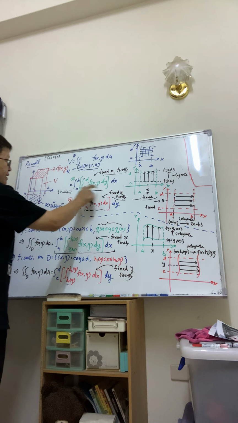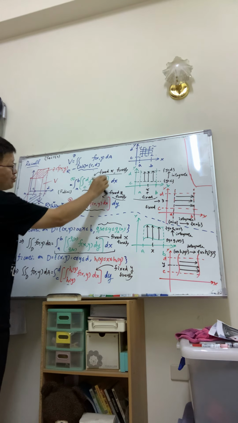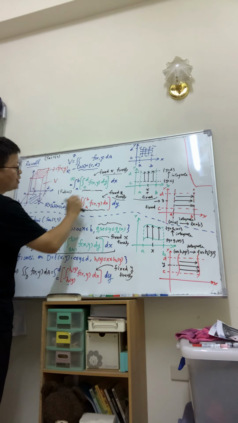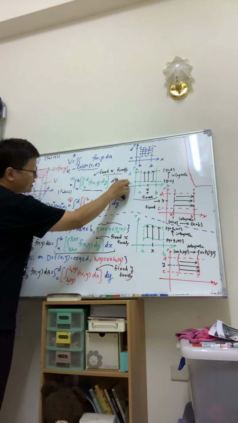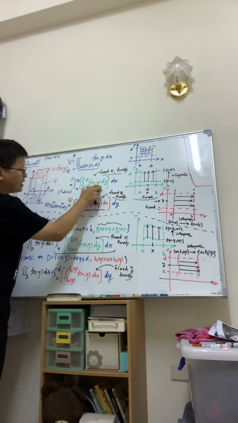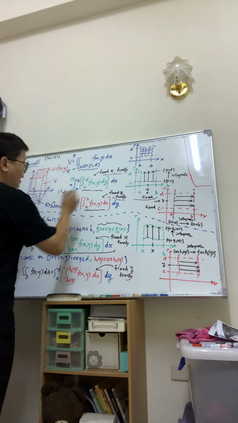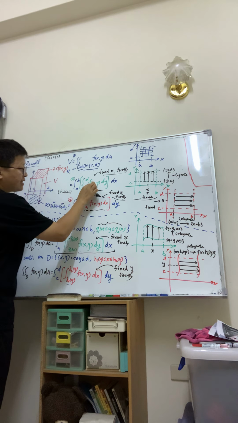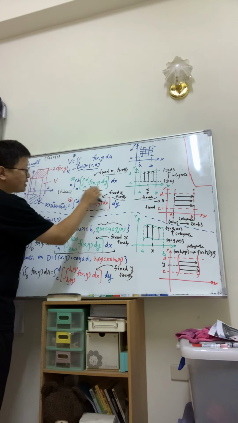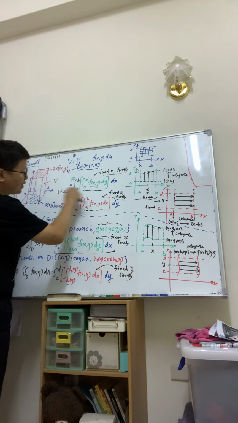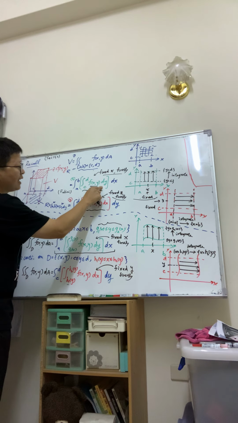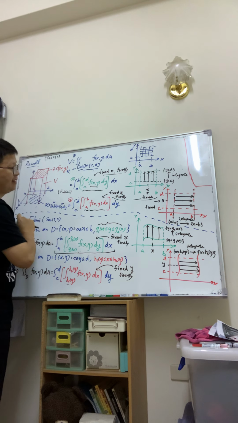So in this part, we should fix x firstly, and when we fix x, the function f of x, y, the x is a constant. You could view x as a constant. So we integrate y, and after that we integrate x.